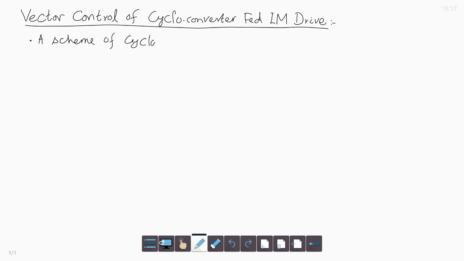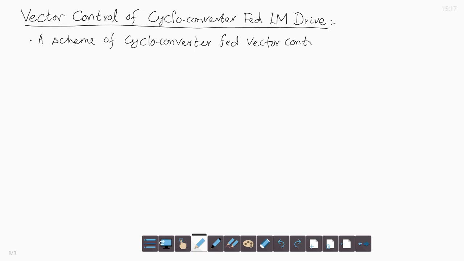cycloconverter fed vector control induction motor drive.